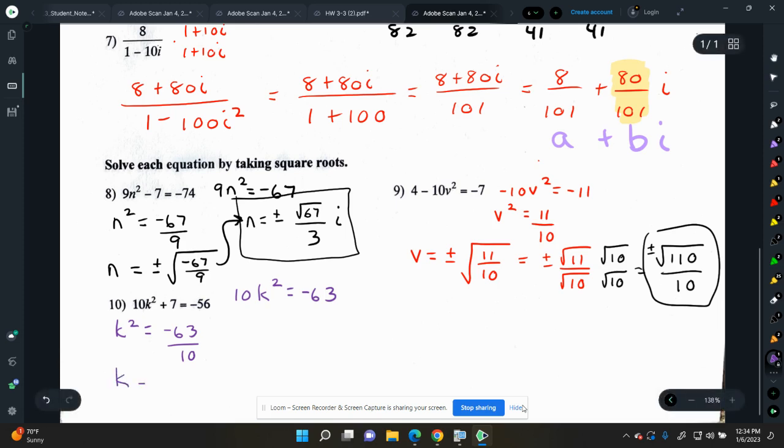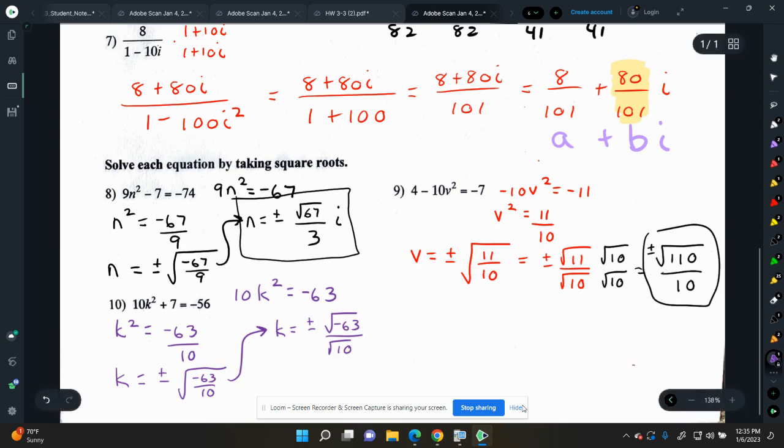So we've got k equals plus or minus the square root of negative 63 over 10. All right, now we've got to simplify that. That's plus or minus the square root of negative 63 over the square root of 10. We good so far?